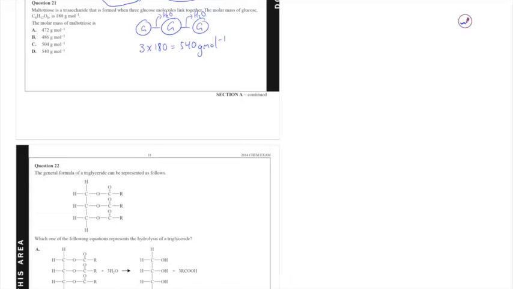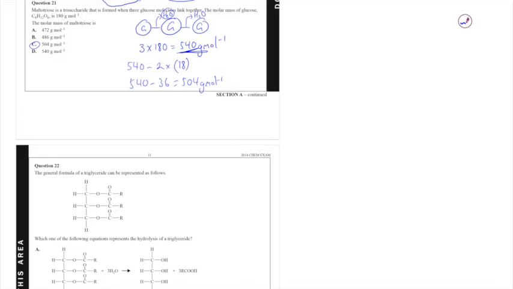And that means that there is a decrease in this value here. It's not actually the full 540. Instead, it's 540 minus 2 times the molecular mass of water, which is 18. So it's 540 minus 36 equals 504 grams per mole, which gives us answer C.